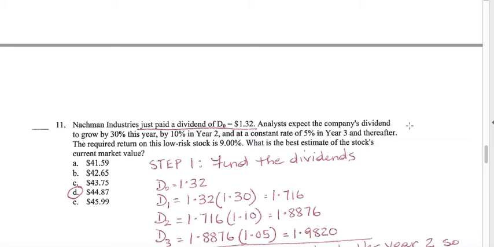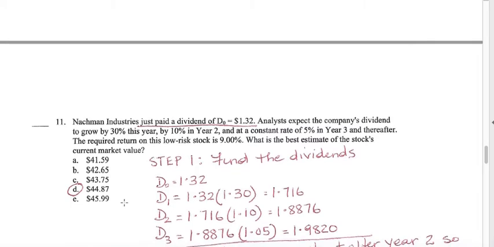And in this case, class, you need to use essentially two models. So I've written these out in steps for you. Step number 1, find the dividends. What do you have first? Well, you started with D0 because that dividend has already been paid. In the first year, your dividend increases by 30%.